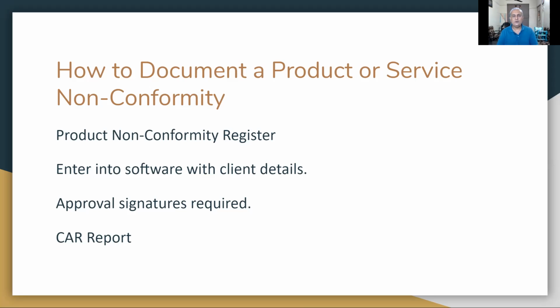And lastly, we have to write a CAR report, corrective action report. Now, whatever is mentioned as A, B, C, D in the previous slide are all corrections. Let me tell you, they are all corrections. So you are just closing the non-conformity. In the next slide, we will also see how to close a non-conformity with corrective action.